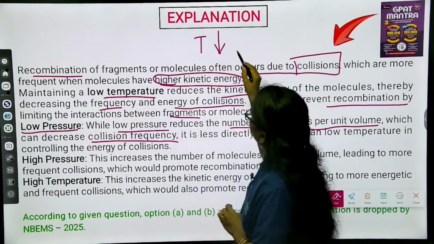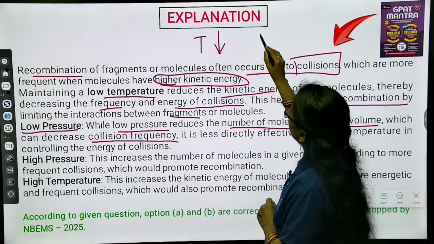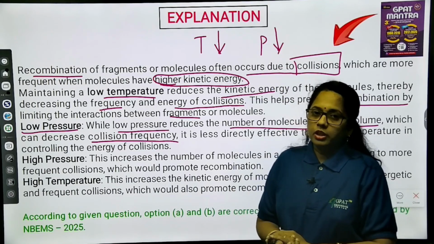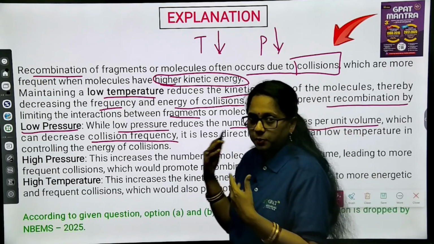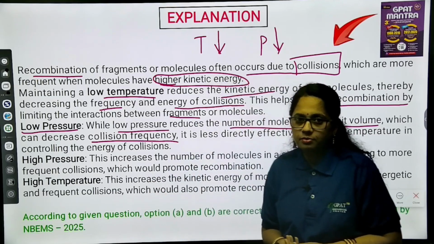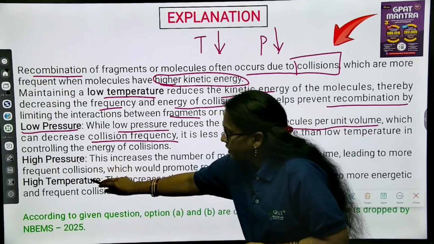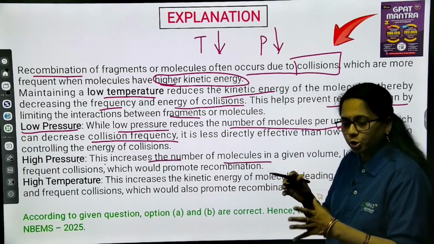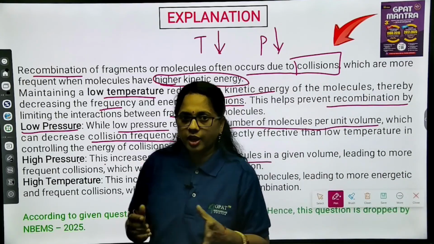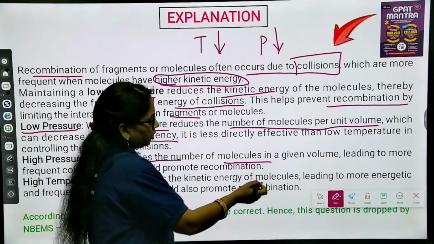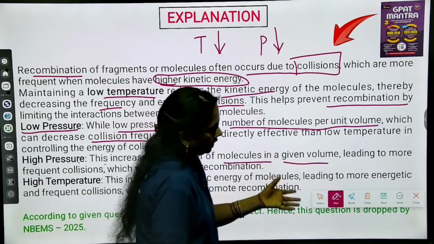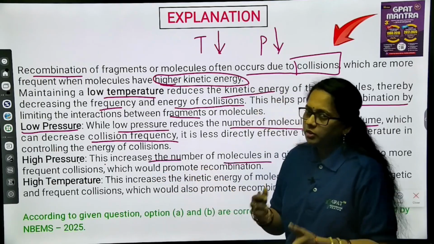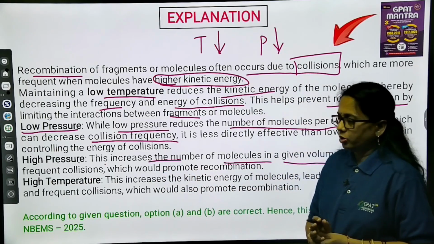So if you decrease the temperature, recombination can be decreased, and if you decrease the pressure, you can also decrease the recombination. And at high pressure and high temperature, what happens? High pressure increases the number of molecules in a unit volume, so in a given volume the number of molecules gets increased, leading to more frequent collisions, and thereby recombination takes place.